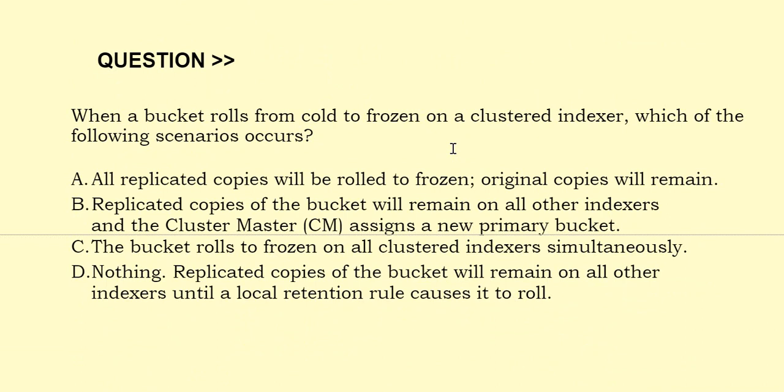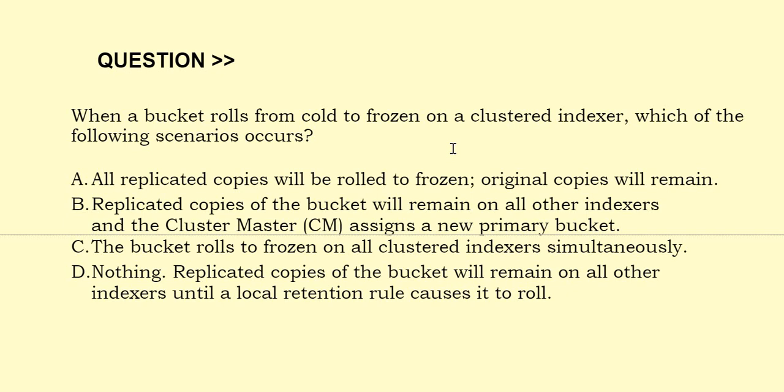When the bucket rolls from cold to frozen in a clustered indexer, which of the following scenarios occurs? Option A. All replicated copies will be rolled to frozen, original copies will remain. Option B. Replicated copies of the bucket will remain on all other indexers and the cluster master (CM) assigns a new primary bucket. Option C. The cluster rolls to frozen on all clustered indexers simultaneously.